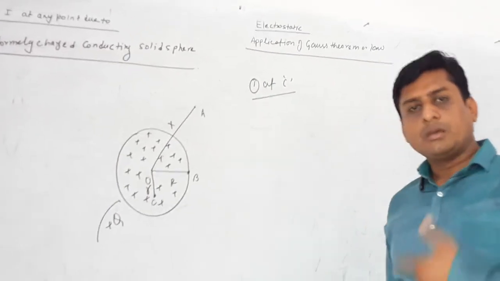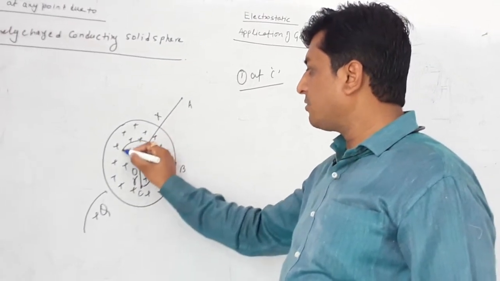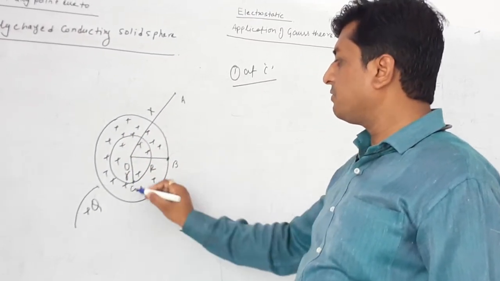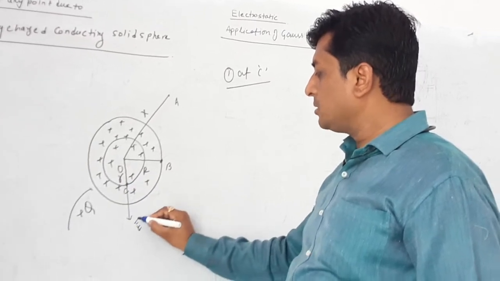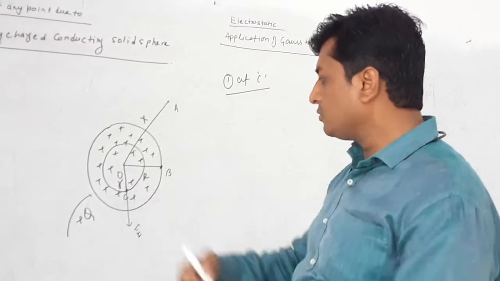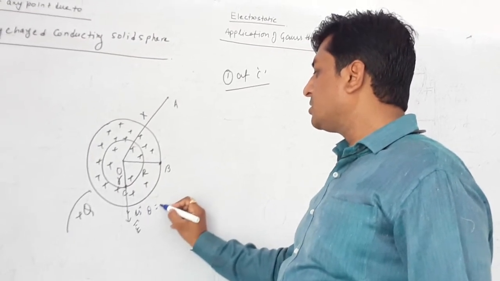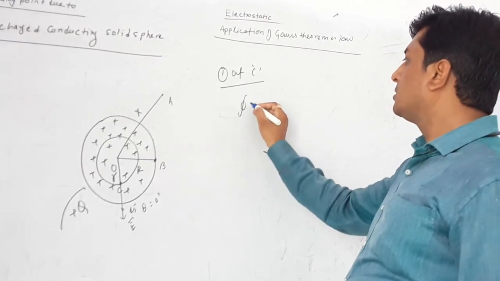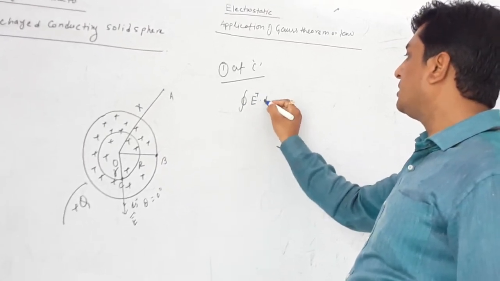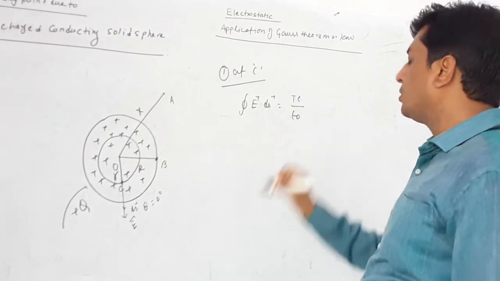To calculate intensity, first of all, draw a Gaussian surface. This is the Gaussian surface. At this point, intensity direction will be outward because the test charge is there, and the direction of the area vector will also be outward. That means theta is 0 degree. Apply Gauss theorem. Closed surface integral vector E dot vector ds is total charge enclosed upon epsilon naught.